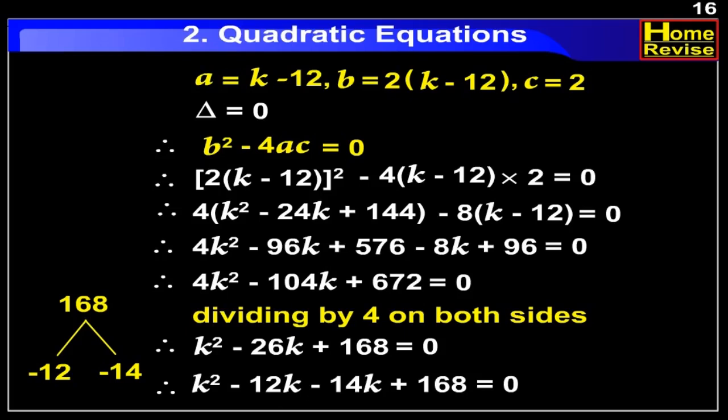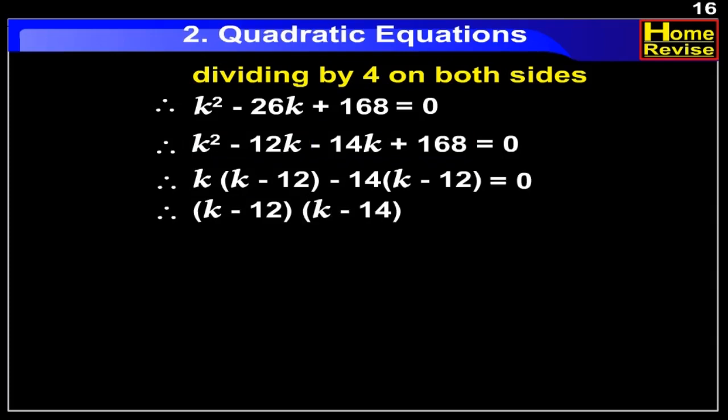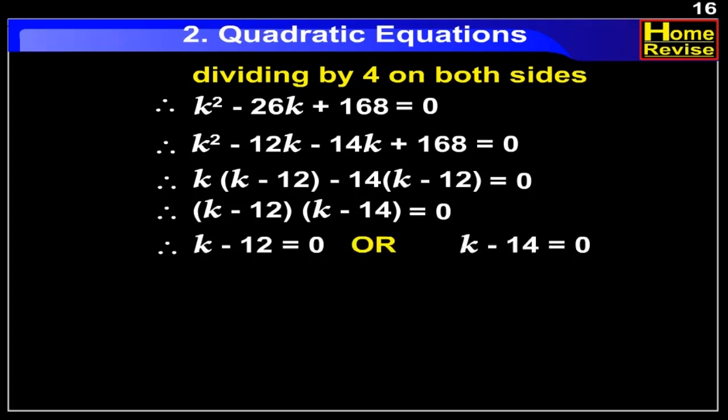Taking out k common from the first two terms, we get k(k minus 12). Taking out minus 14 common from the next two terms, we have minus 14(k minus 12), which is equal to 0. Therefore, (k minus 12)(k minus 14) is equal to 0.